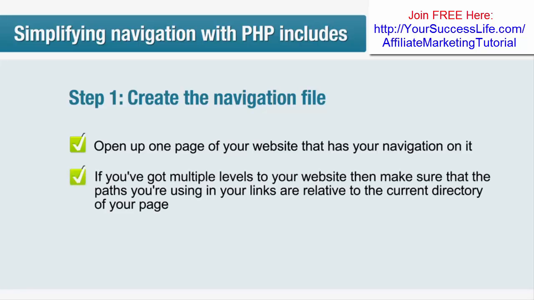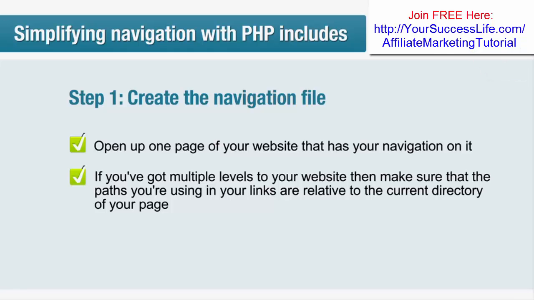If you've got multiple levels to your website, lots of things in different directories, then make sure that the paths you're using in your links are relevant to the current directory of your page. For instance, if you want to link from a page in your root directory to a page at site.com/articles/greatarticle.html, delete the domain name part of your address so that it begins with a slash.